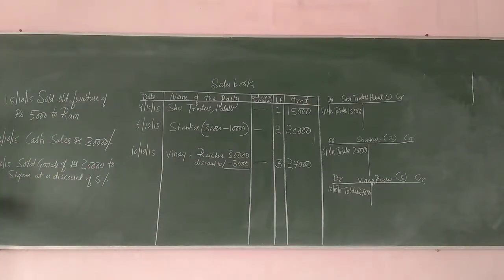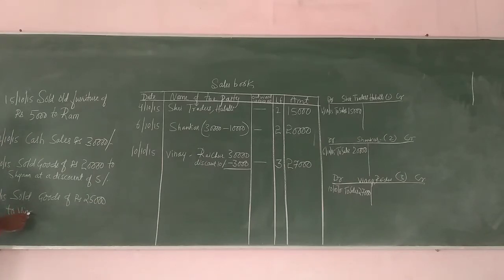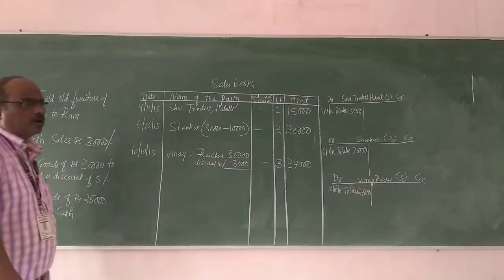To 24/10/2015 sold goods of rupees 25,000 to Vinay for cash. Now you decide whether these two transactions will appear in the sales book or no.